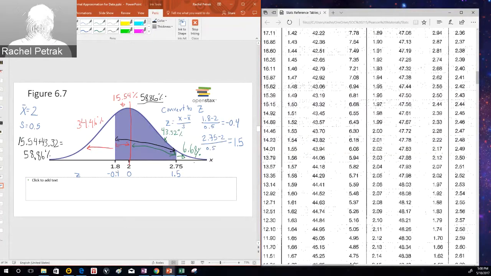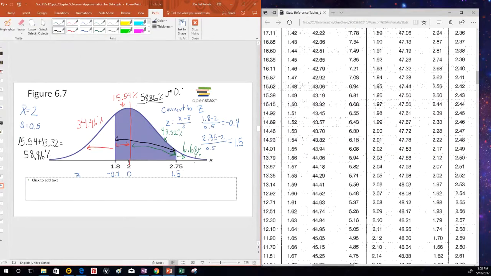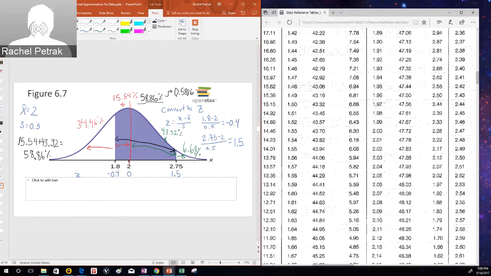Probabilities are expressed in units between 1 and 0, so we would divide by 100 to get that probability. But it's going to correspond directly to the percentage. So we could find this.